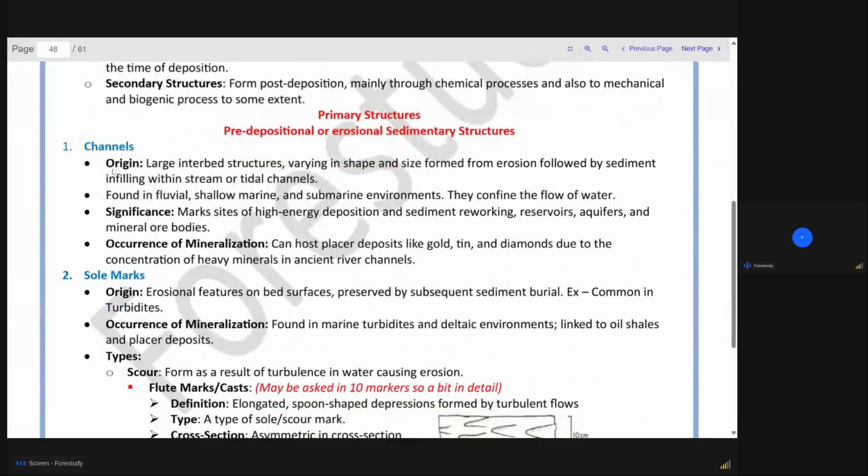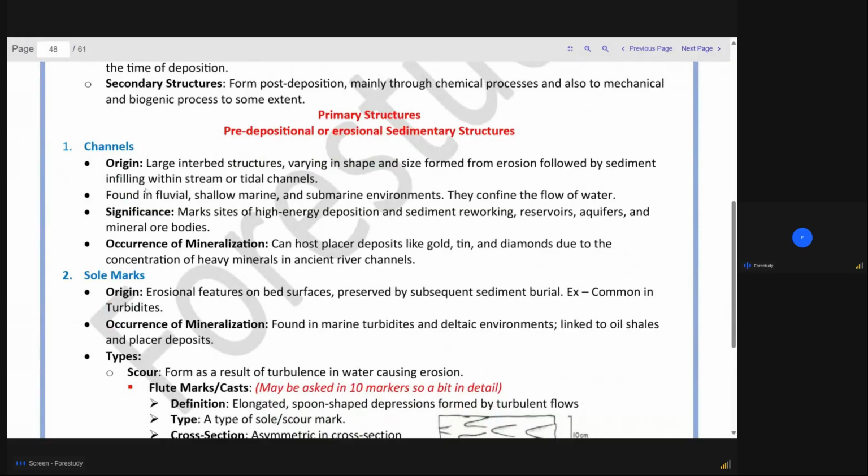So, origin: large interbed structures varying in shape and size formed from erosion, followed by sediment infilling within the stream or tidal channels. So, initially there will be a scouring where the river will flow, at a certain depth, right? So, scouring will happen, then the river will flow, and then later it will be filled by river-borne sediments, or river-carried sediments.